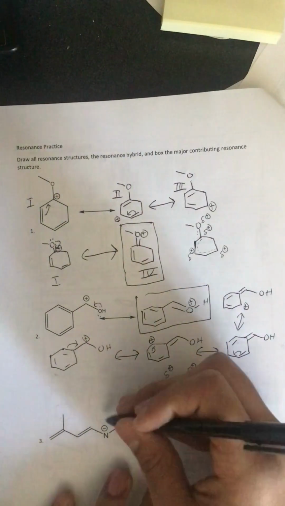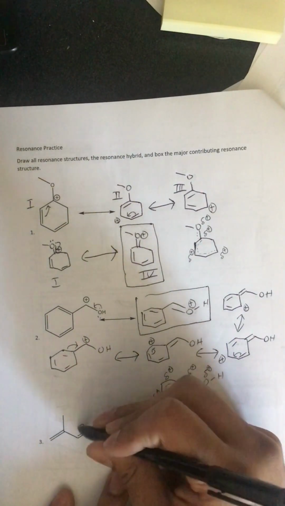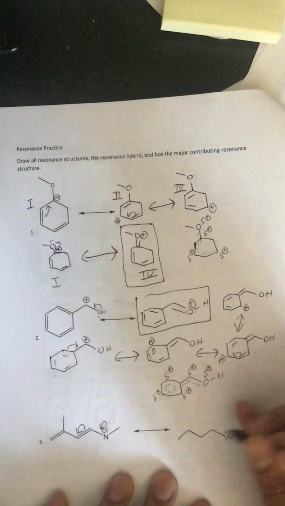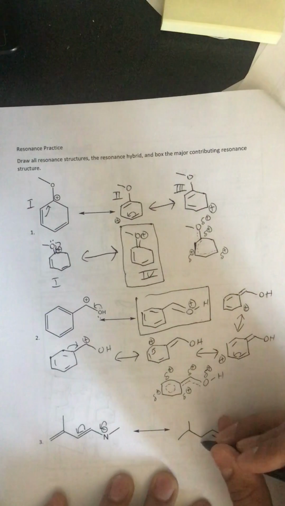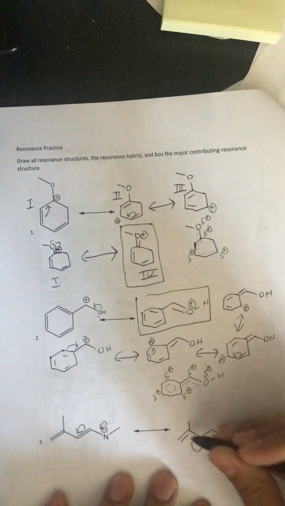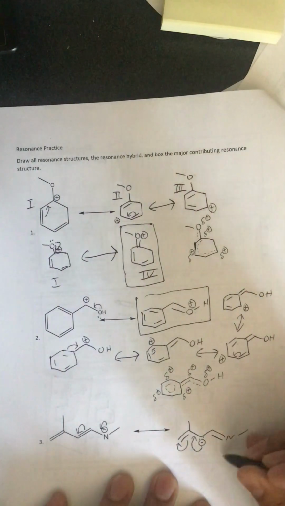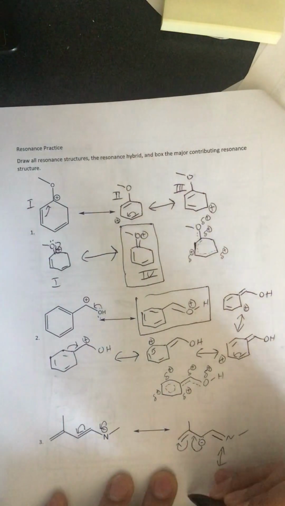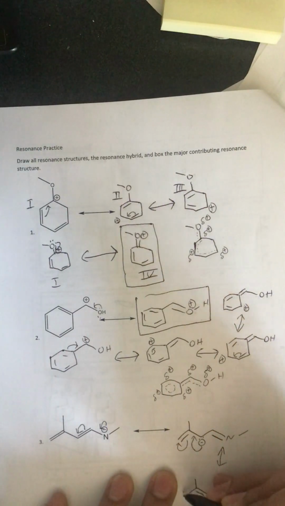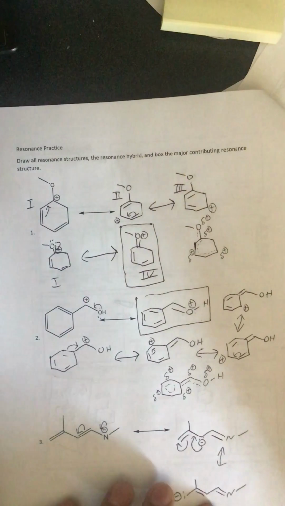All right, now we're going to do negative resonance. Notice you're going to have 2 arrows, and they're going to be moving away from the charge. Like that.